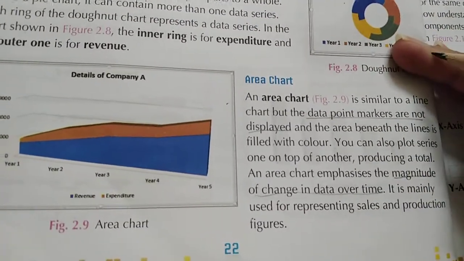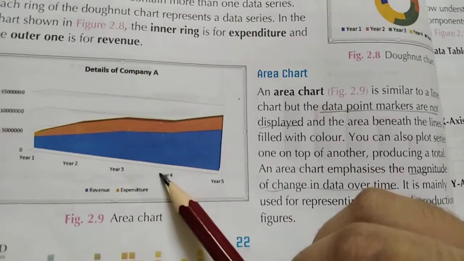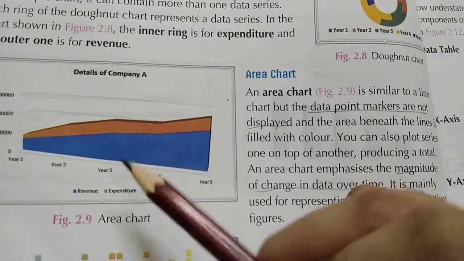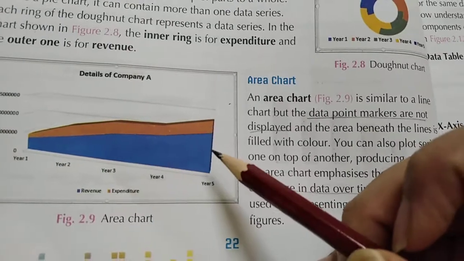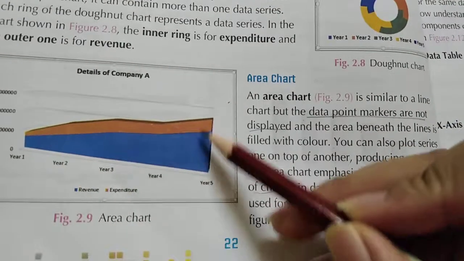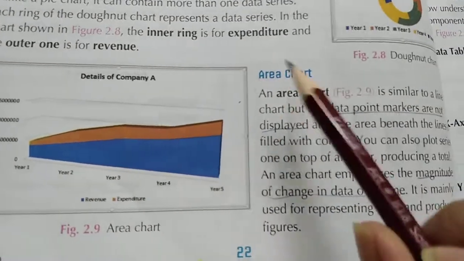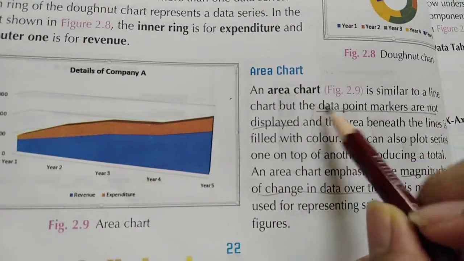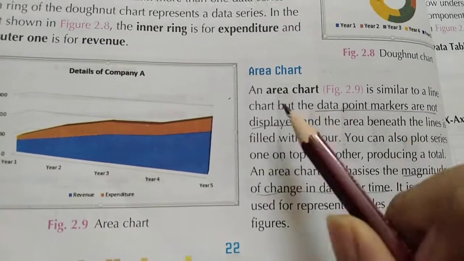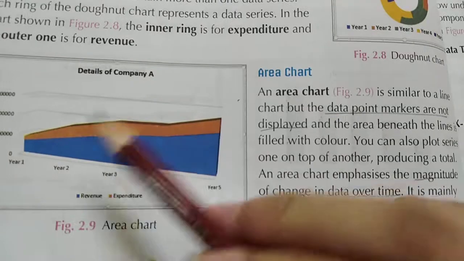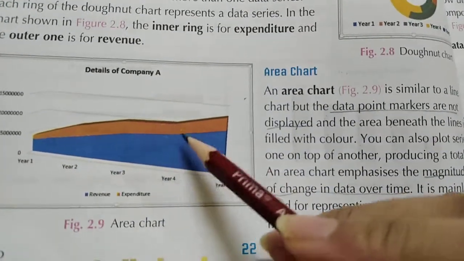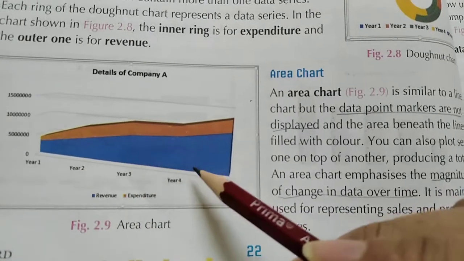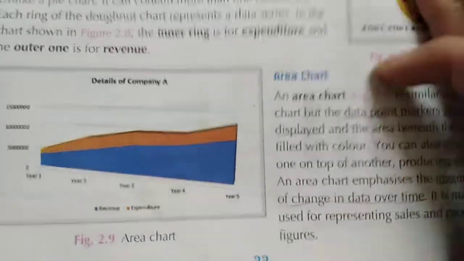Actually it is a sort of line chart, but it has a 3D exposure, so it shows you the colored area also. Data point markers are not displayed in this area chart. The data points are not marked, but the area is colored so that you can have the exposure.